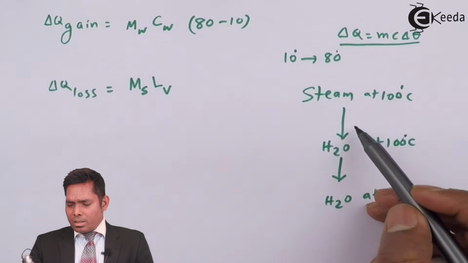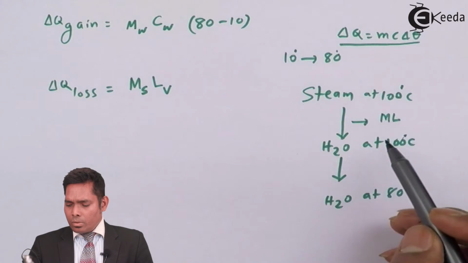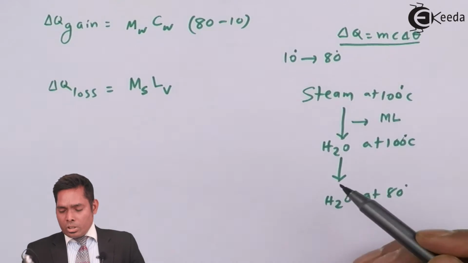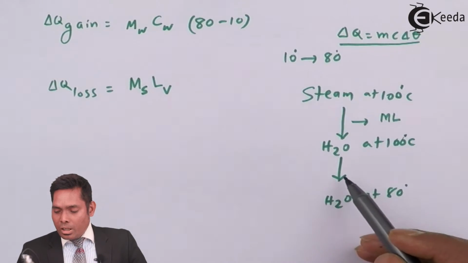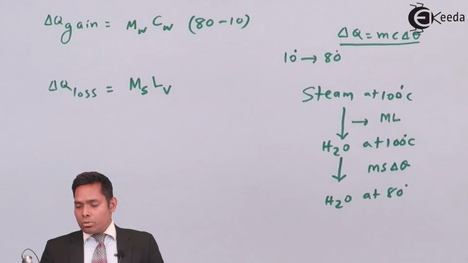So during this process it is losing heat, that is mass into latent heat, m into L, and then m s delta theta. These two formulas you have to use here.